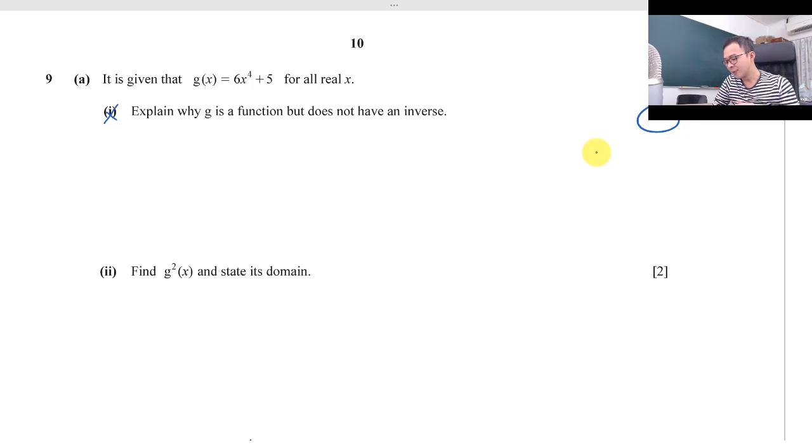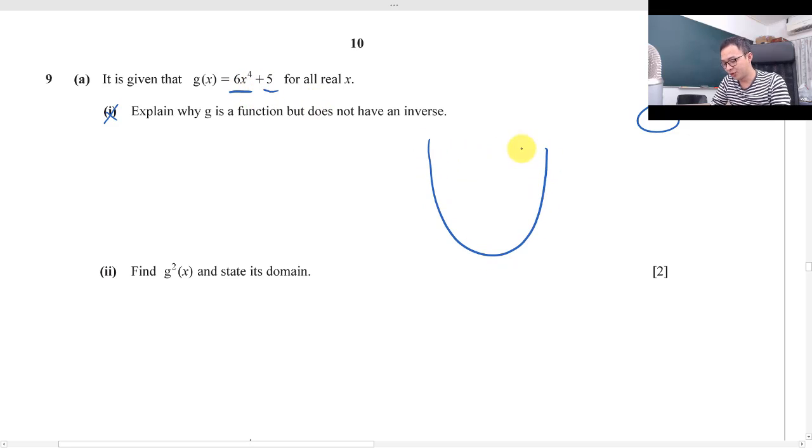So first thing, you have to understand the equation will help you to explain this one. Explain why g is a function but does not have an inverse. Basically you should know the pattern of this graph should look like this, and the minimum point is 5. So I can say that all x values go into a unique y value, which is what we call many to one.